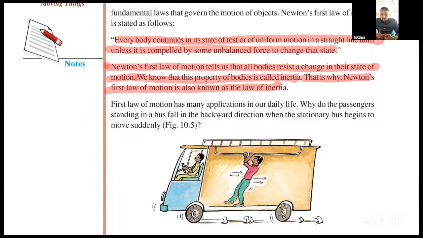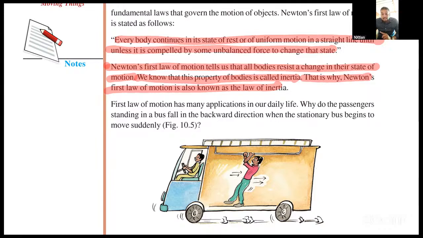Okay, so for example, if I want to move an Almira, we learned that it has more inertia, so I need more unbalanced force to move it. Did you understand? No, you didn't understand. I'm repeating again. If you want to move an Almira, you need more unbalanced force. Why? Because it has more inertia.